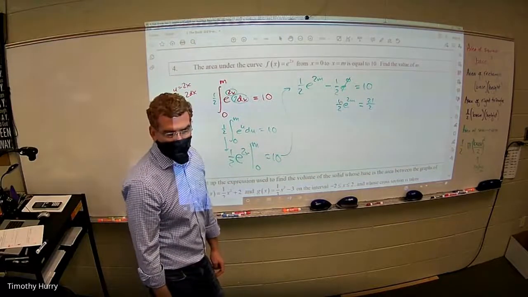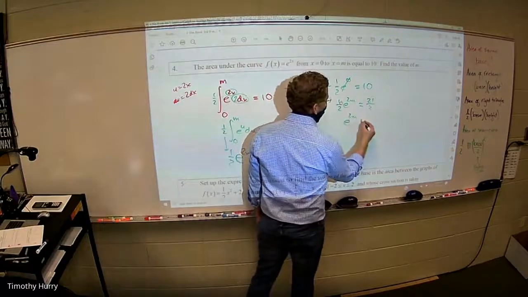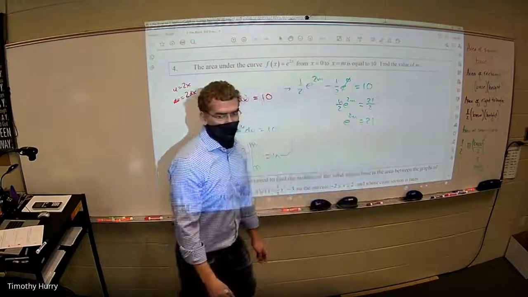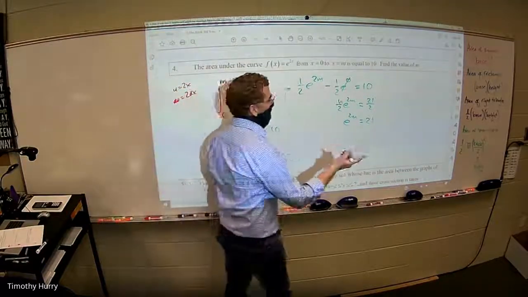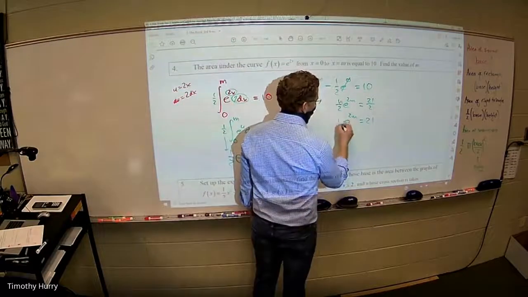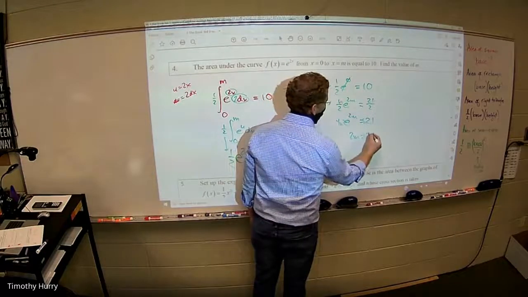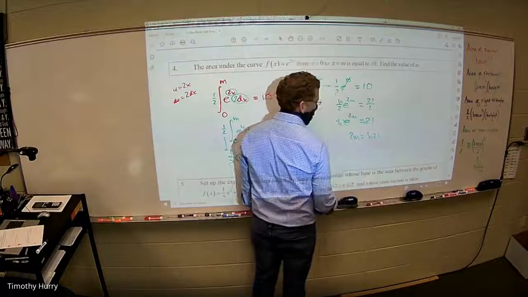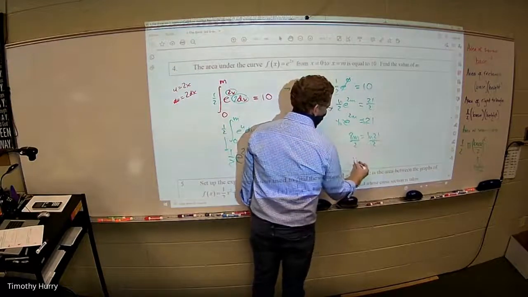I'm going to multiply both sides by 2. Then I'm going to ln both sides to get rid of the e. And when I ln the left and the right, I get 2m equals ln of 21. And I divide it by 2. And you're done.